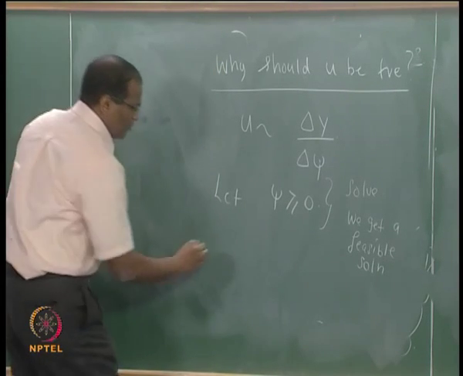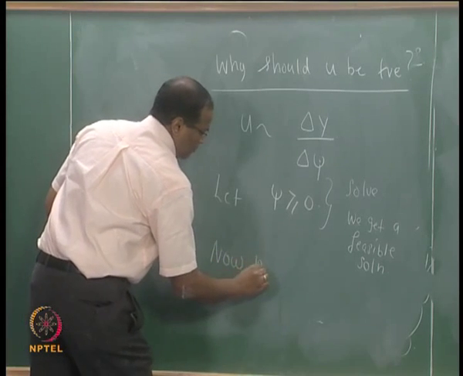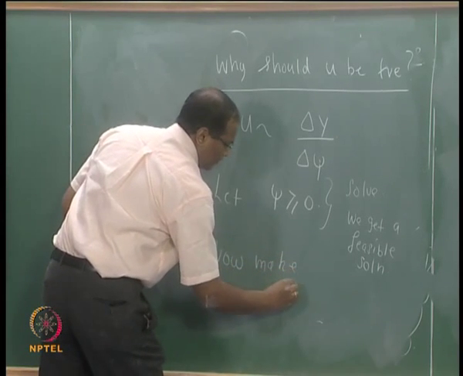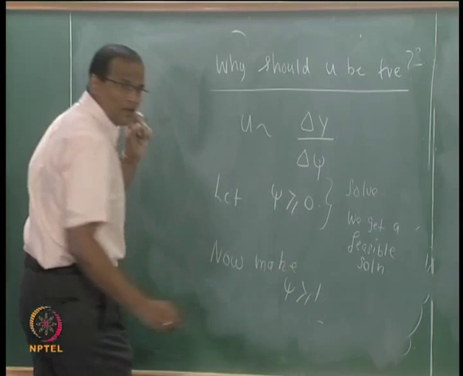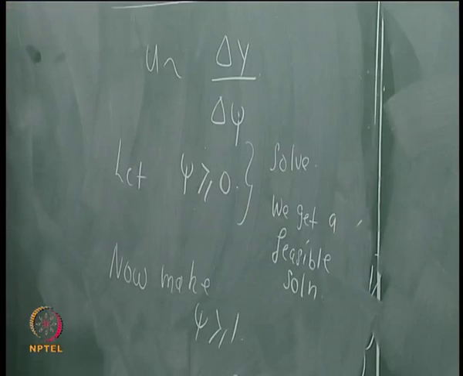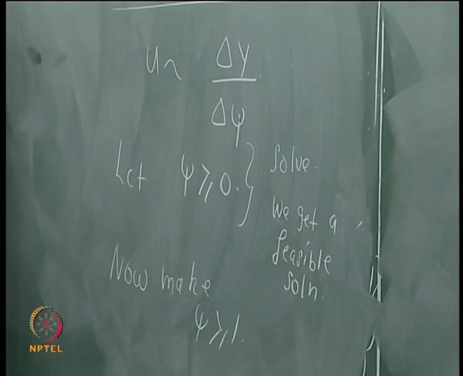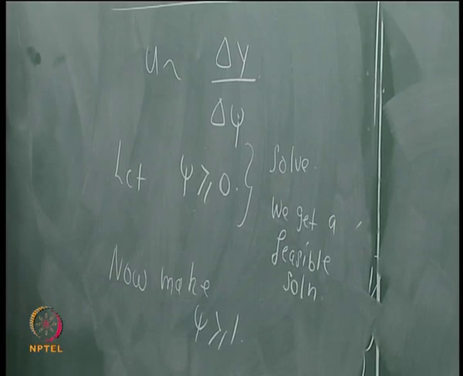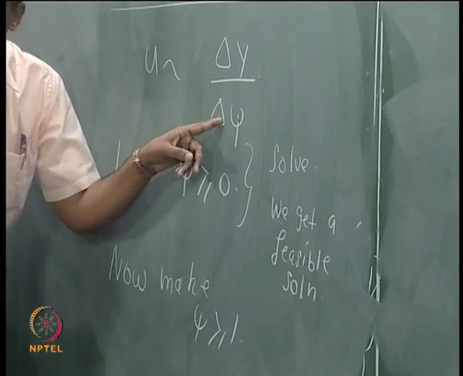Okay. Now, what does it mean? Now I make psi greater than or equal to 1 and solve the problem again. So what I have done is I have essentially made del psi positive.